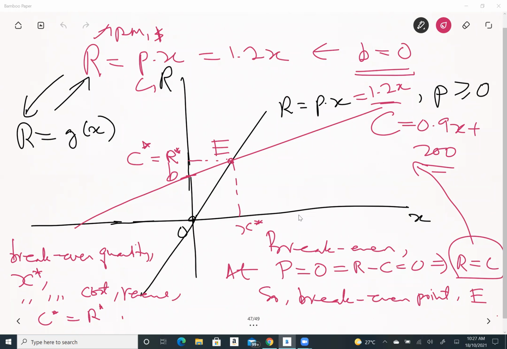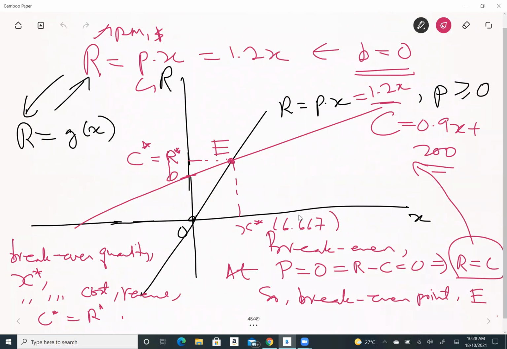So that X is 6.667. Now you put it into the cost or into the revenue, and you should get them equal. Sometimes it's not exactly equal because of the decimal points, but it should be very, very close, because that is the point where it intersects. Everybody got it? Good.